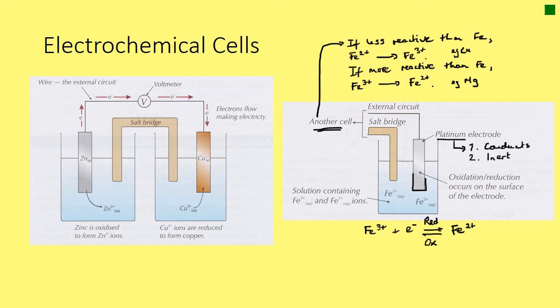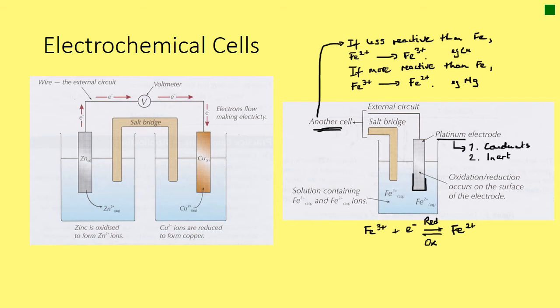So if this other cell is less reactive than iron, then what happens is you're going to get Fe2+ oxidized to Fe3+.